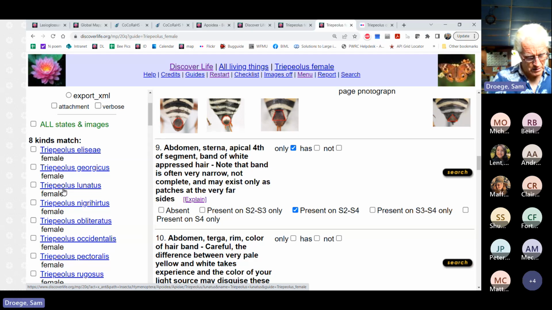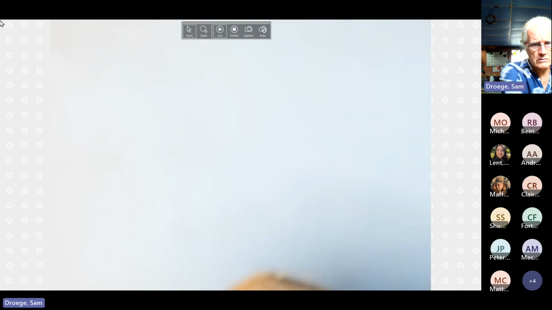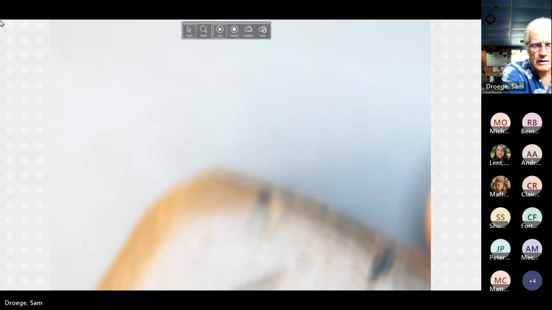That's the right spot. Okay, so back to lunatus. Let me see if I can get that at a good angle to the microscope. Back to the microscope. Take it down to a reasonable area.